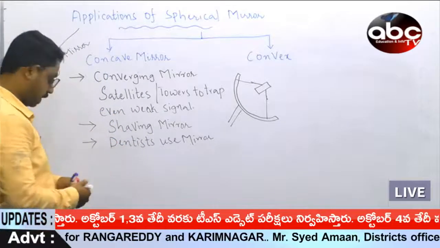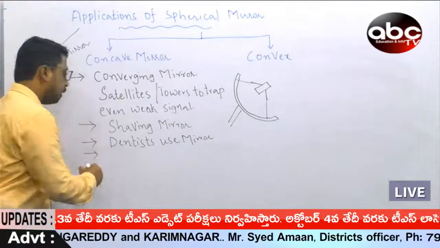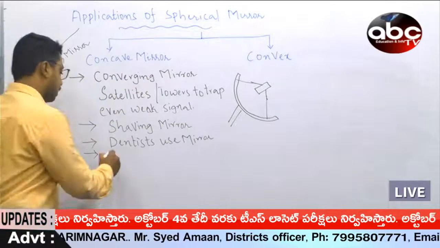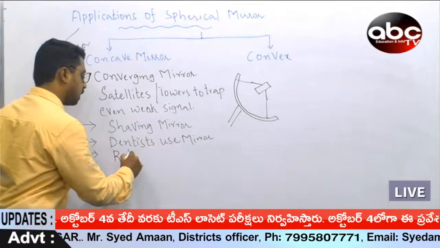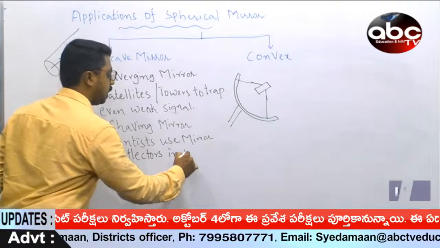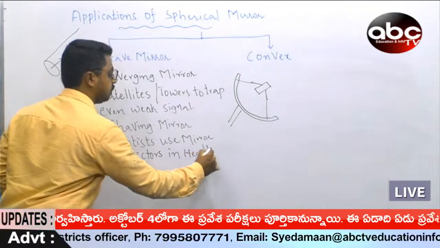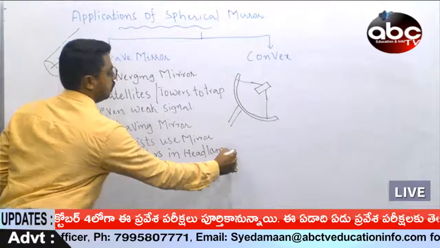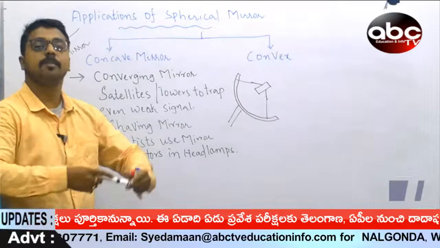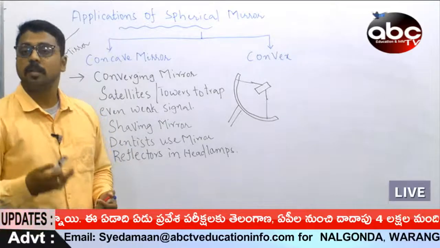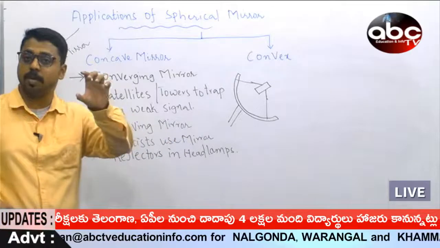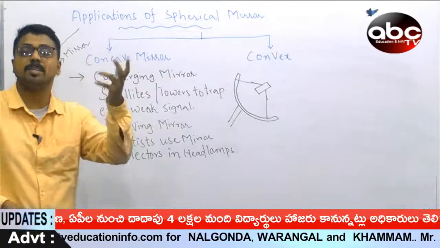At the same time, very important, they trap much energy so that they are used as reflectors also in headlights. Headlamps of automobiles or headlamps of cars, we use them as reflectors because they trap more energy and give immense light.